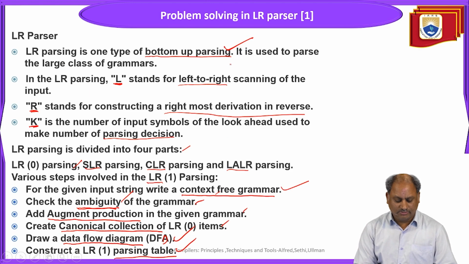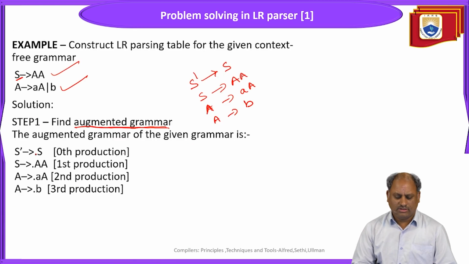That is the augmented production step, then the canonical collection. The canonical collection of LR(0) items is specified by placing the dot symbol at the beginning of the right-hand side of each production of the grammar.